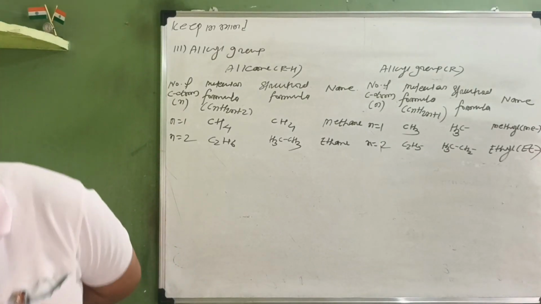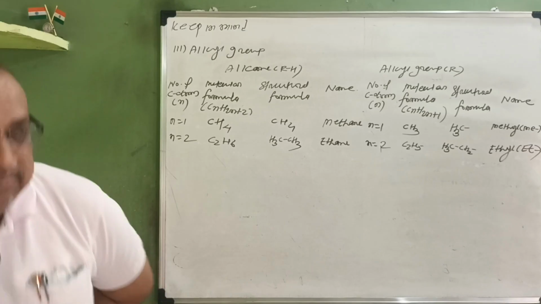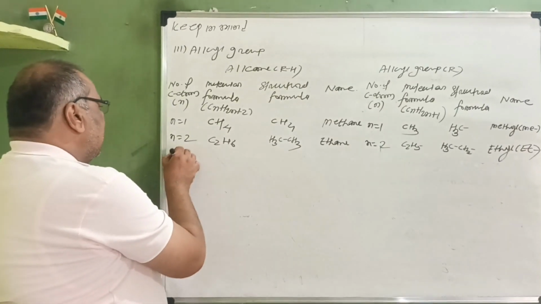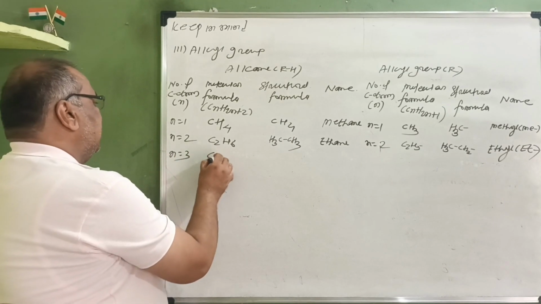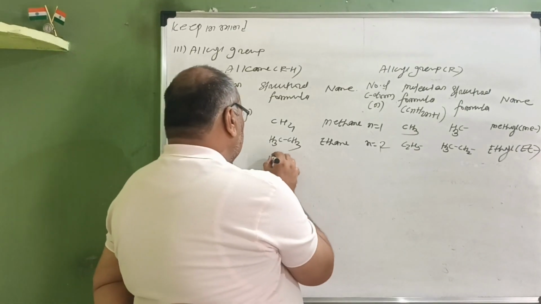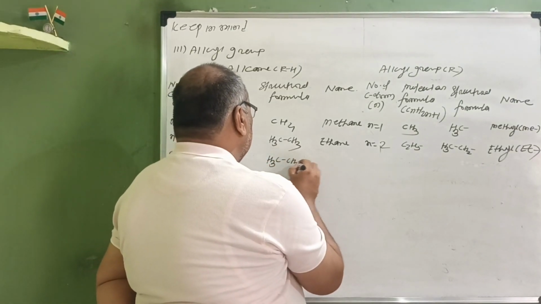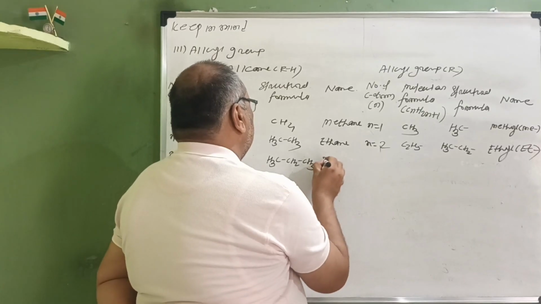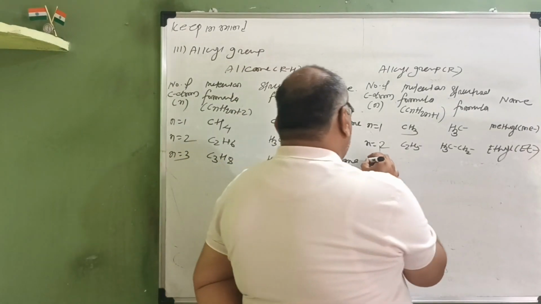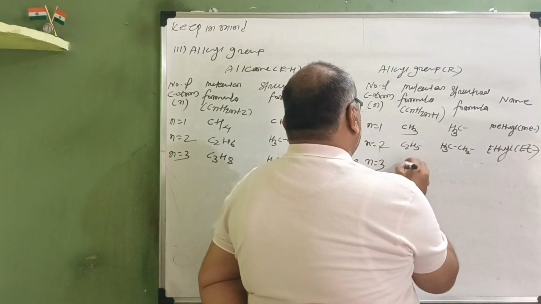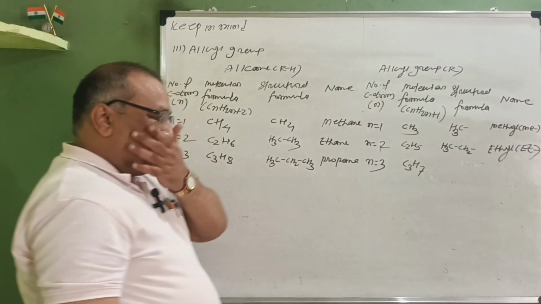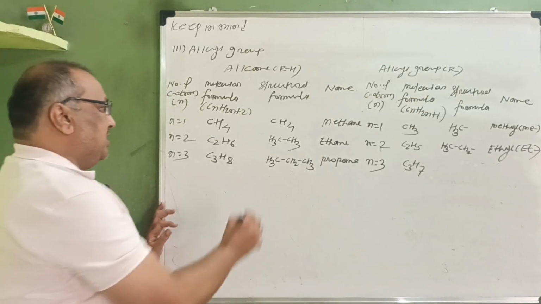Then third, n equal to 3, C3H8. That is propane. n equal to 3, C3H7. Now here there are two types of carbon.